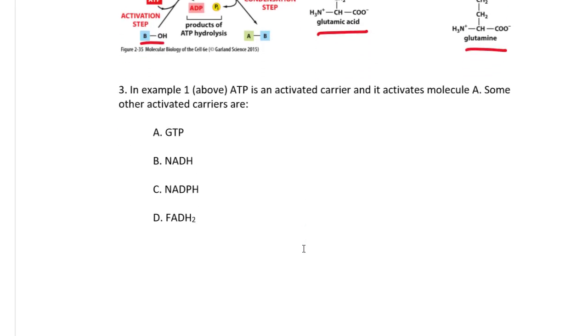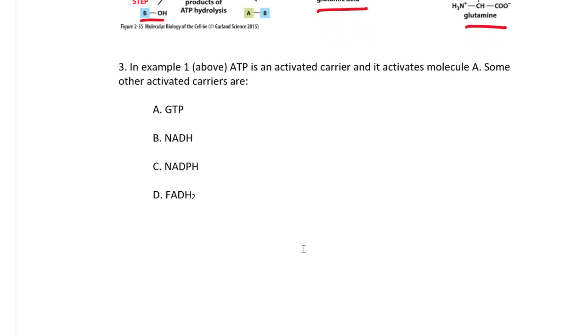The term that was being used above: activated carriers. What are these? Activated carriers are molecules where the reaction of hydrolyzing them, for example, or oxidizing them, will have a negative delta G standard or a negative delta G at cellular concentrations.